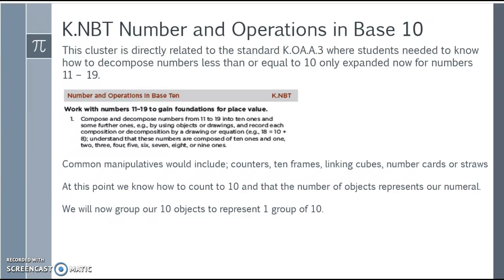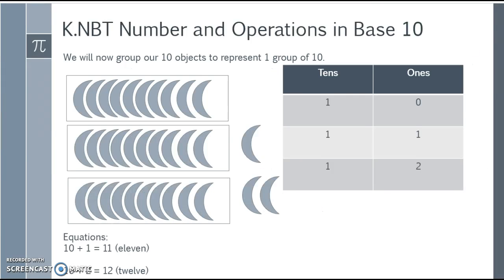So at this point, we know how to count to 10 and that the number of objects represents our numeral. Now we're going to group our 10 objects to represent one group of 10. For example, let's say we have some moons here as our objects.